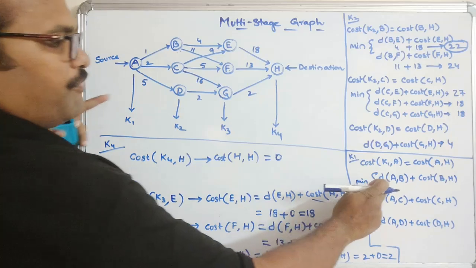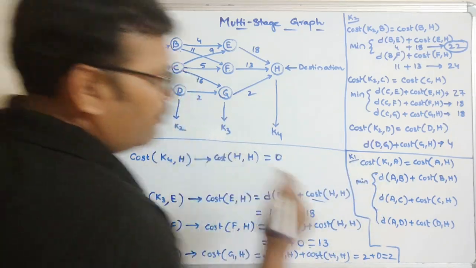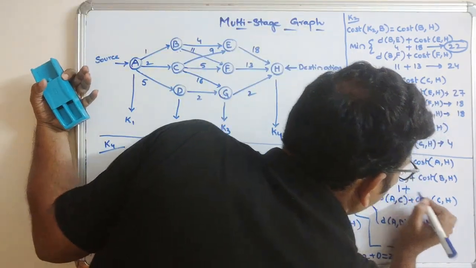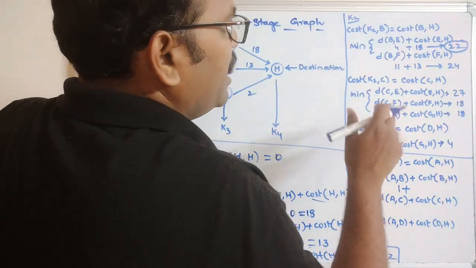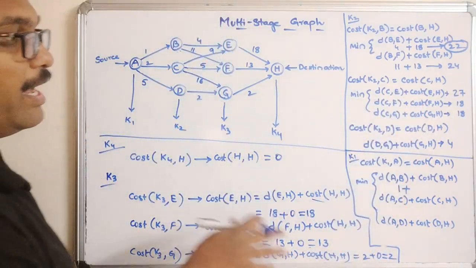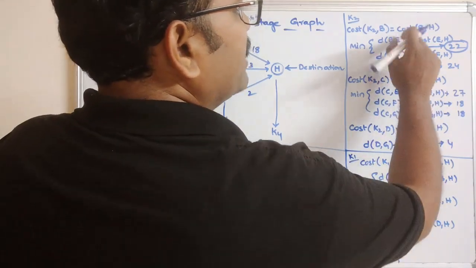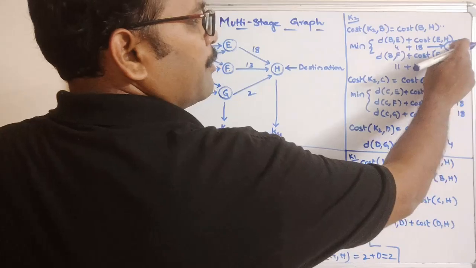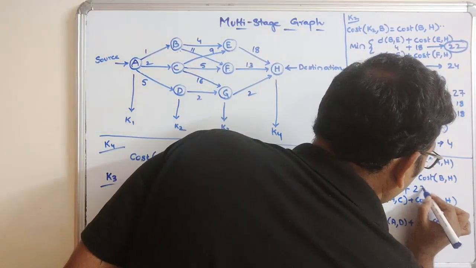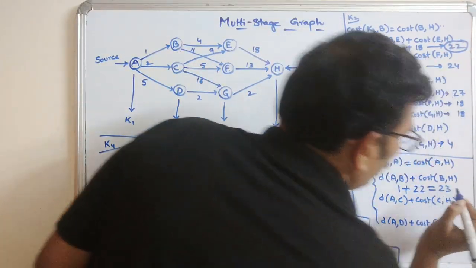Now find out D of A comma B. What is the distance of AB? 1 plus cost of BH. Already we have calculated somewhere. BH, cost of BH. See, cost of BH, this one. So among these two we have considered minimum. So 22, we need to consider the 22, which is a 23 cost.